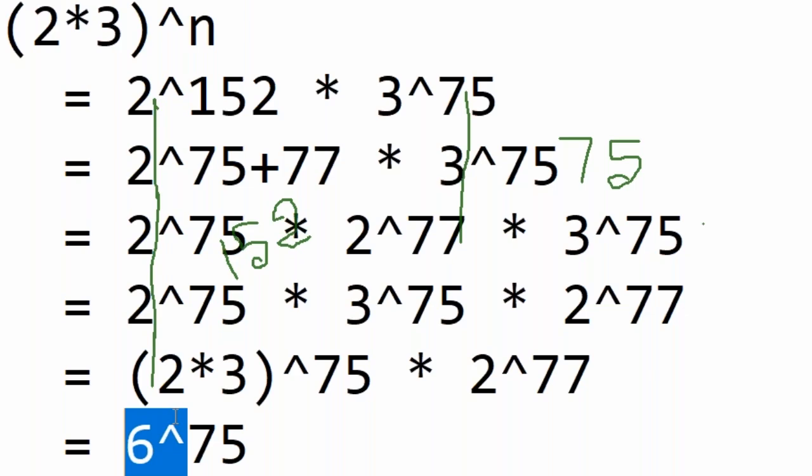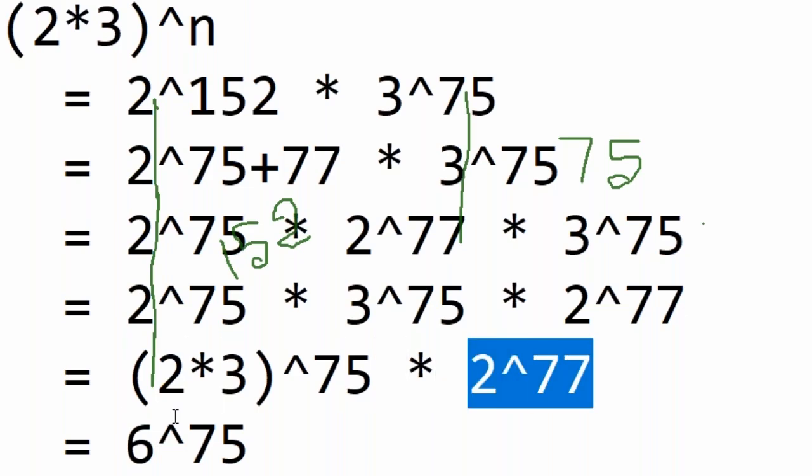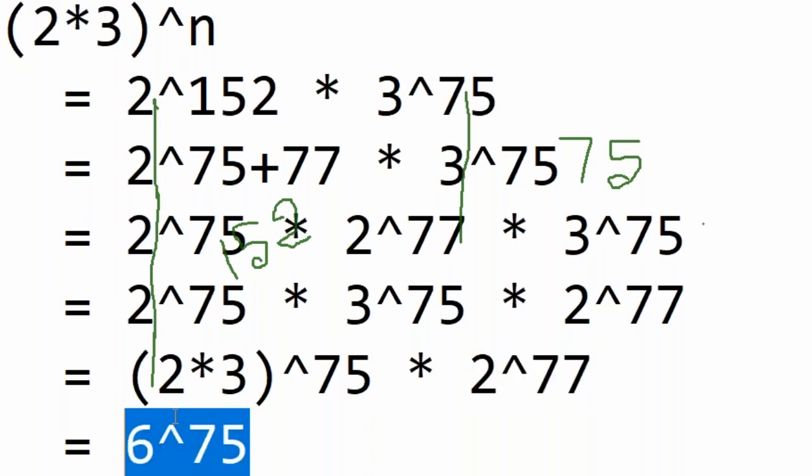Get it, all of you? So always to get the 6 power, 2 in combination with 3 must be there. So 2 power 77 has no combination with 3 power 77. Ignore 2 power 77. So what is the final answer? 6 power is what? 75.